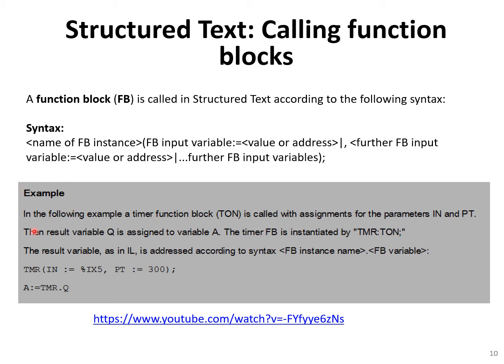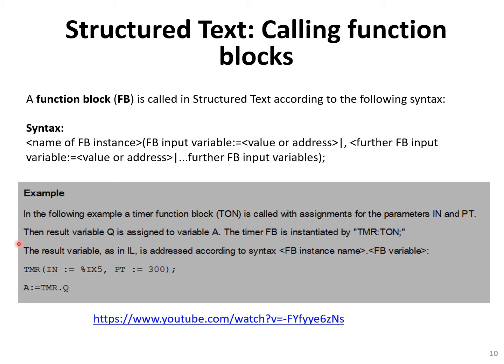Here we have one example. In the following example, a timer function block is called. Timers are a kind of function block, okay, so these are default function blocks. It's called with assignments for the parameters IN and PT. This one is the preset time value and this one is IN.